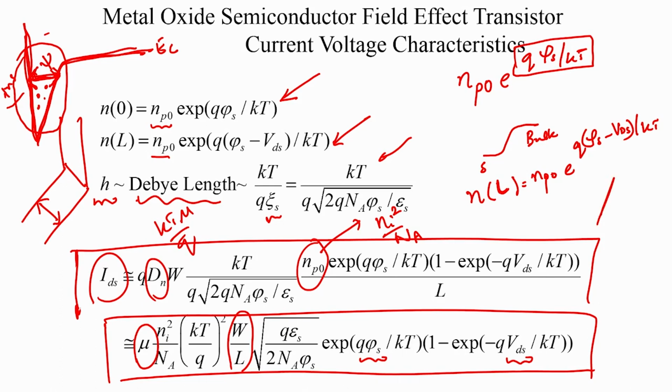Now, the subthreshold current is basically the current in the subthreshold region, right. So, if you were to draw the IDS versus VGS characteristics, let me now exaggerate this.